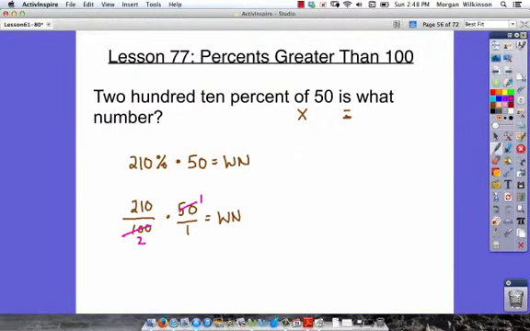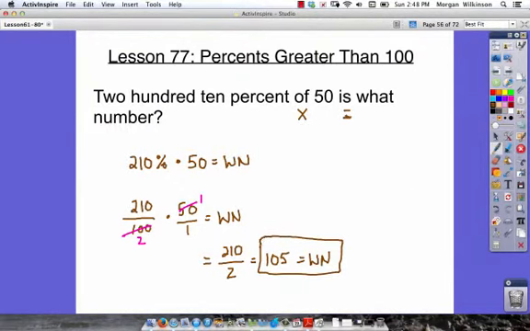Now we can find our answer. 210 times 1 is going to be equal to 210. And 210 over 2, well, look, we could have actually simplified more, because half of 210 is 105. And we've got our answer. 105 must be equal to n.